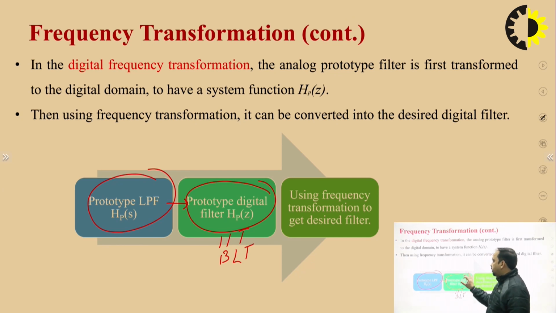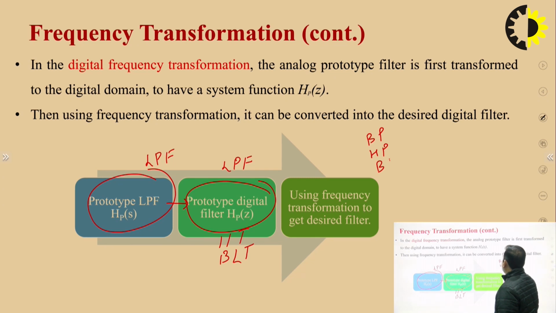Afterwards, since we now have a digital filter, both the filters are LPF, low pass filters. But being a designer, we are interested in designing the high pass, band pass, or band reject. So at this stage we do the frequency transformation.